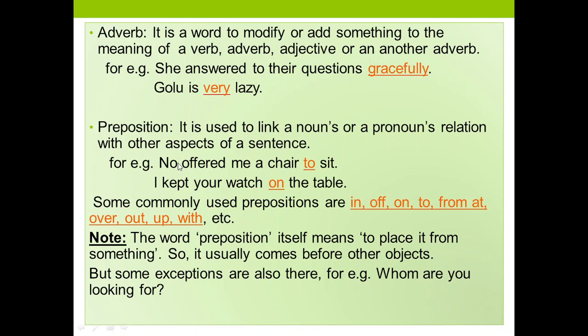Sorry, I made this mistake. No one offered me a chair to sit. Here, to show a relation between this chair to this sit is the word to. To is showing relation between both of them. So to is a preposition.